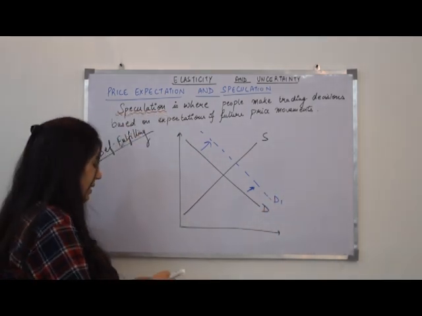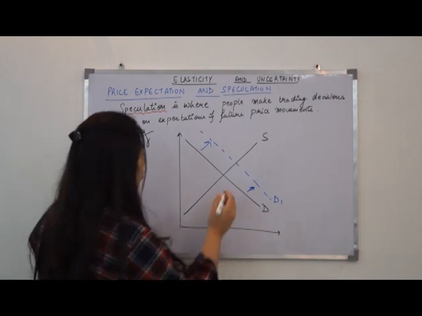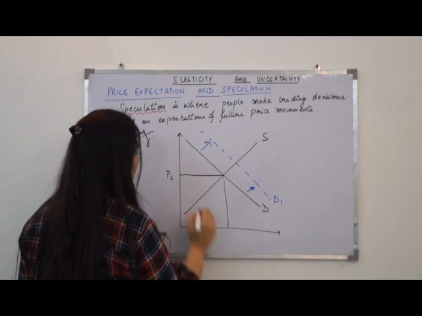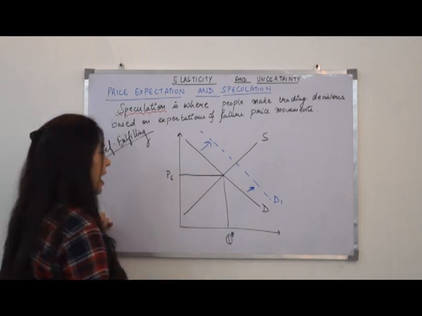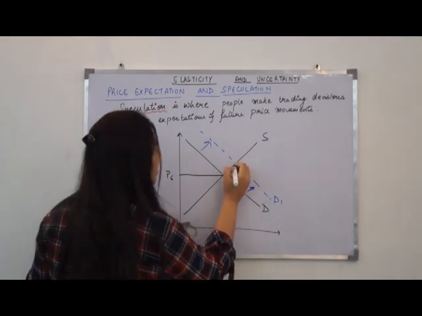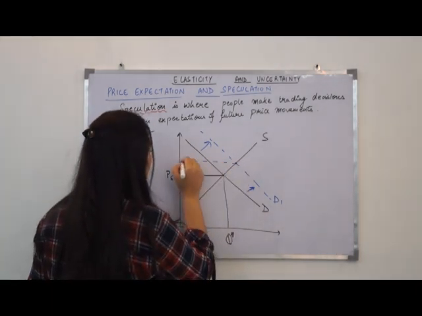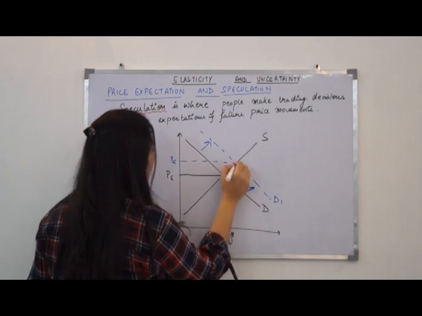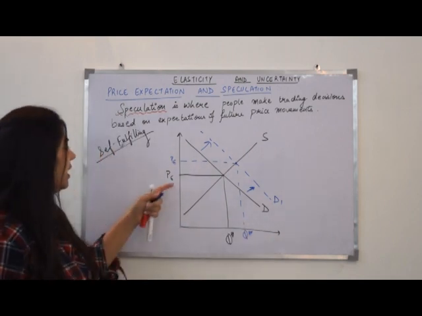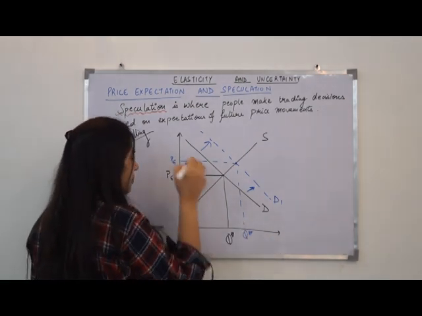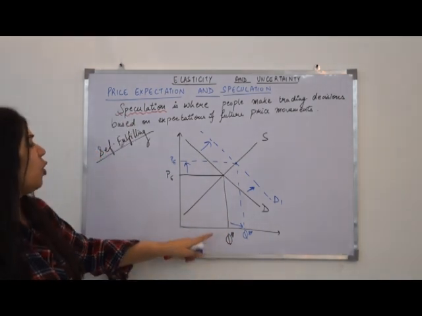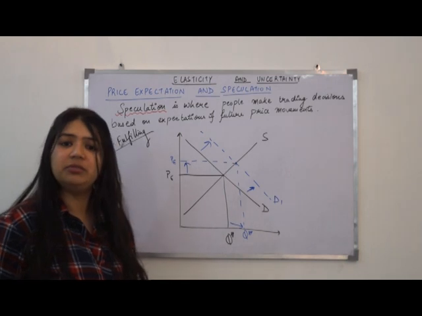If this was the original equilibrium price and this was the quantity traded at this price, then due to a shift in the demand curve, the new equilibrium has shifted to a new position, that is here. So there is an increase in the price and an increase in quantity traded because of a shift in the demand curve.